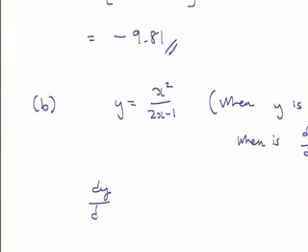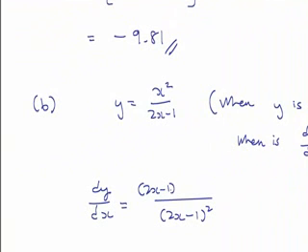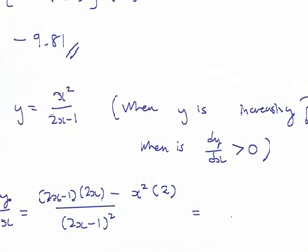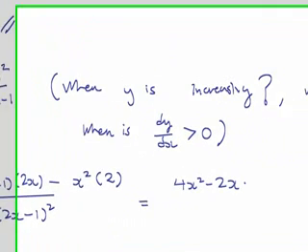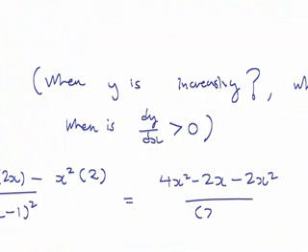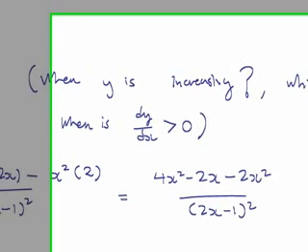So what do I need to do? Well, I have to actually do the differentiation. Using the quotient rule: square the denominator, hold the denominator, differentiate the numerator, minus, hold the numerator, differentiate the denominator. So doing a bit of simplification, 4x squared minus 2x squared over (2x minus 1) squared.